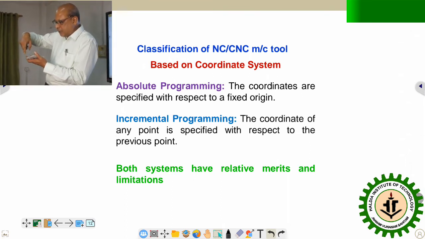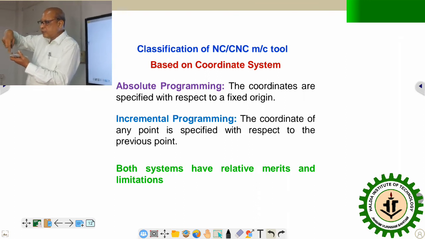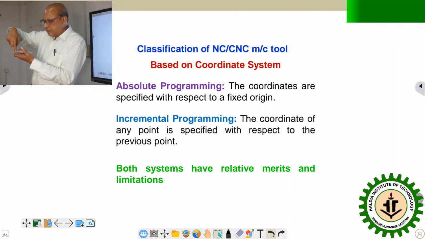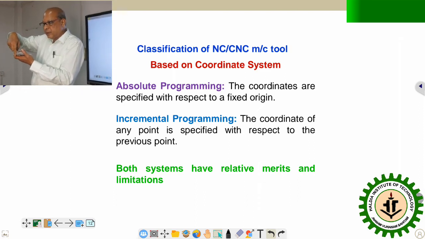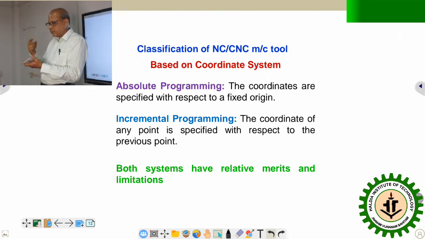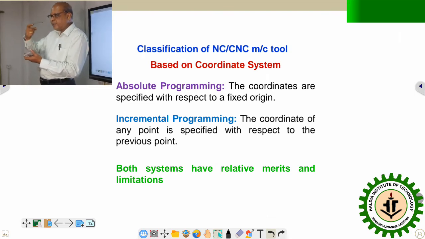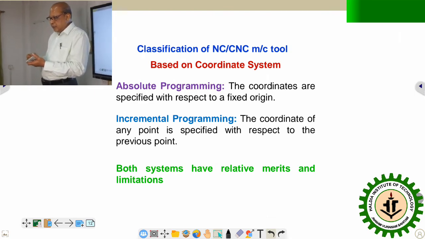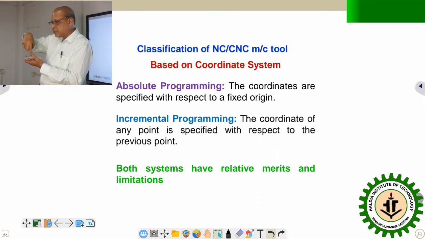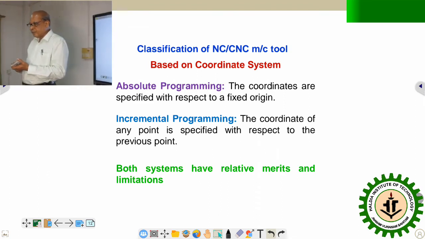Suppose the tool is supposed to move from this point to this point, and after making some progress, at some intermediate point, the machine stops. How will you carry out the remaining part? You have to bring the tool back to the beginning of this particular block and start working.